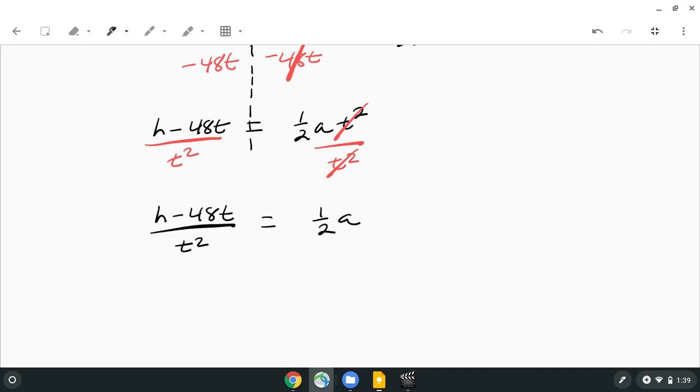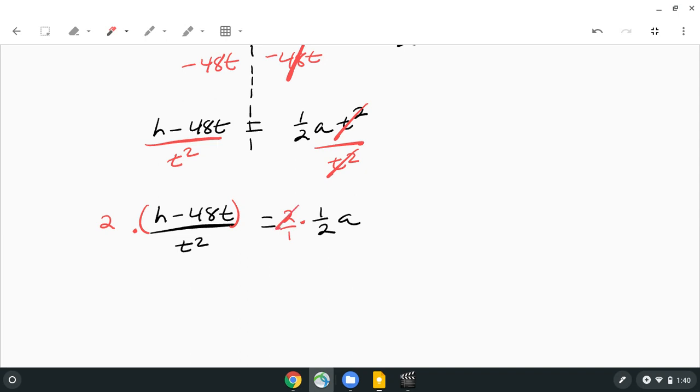All right, we're almost there. We almost have the a by itself. So here I have that fraction, so I'm going to multiply by the reciprocal. The reciprocal is 2 over 1. That's the same as just 2.